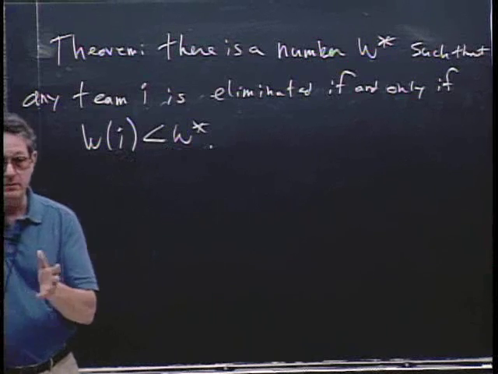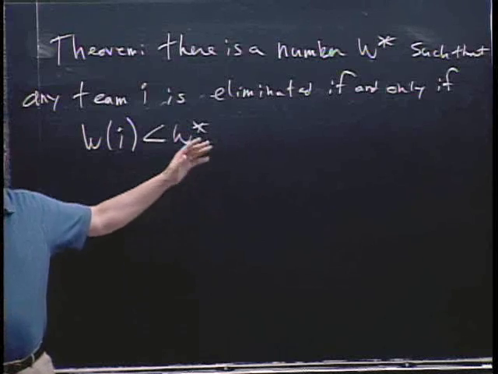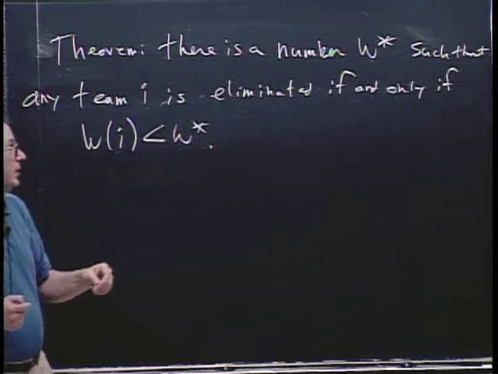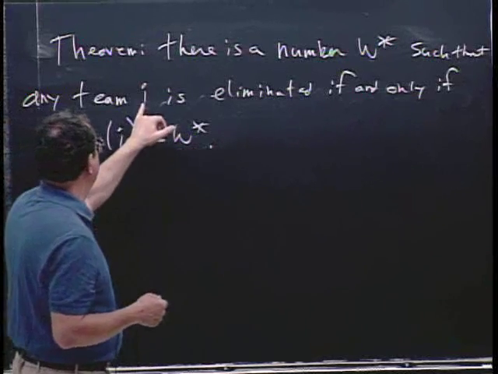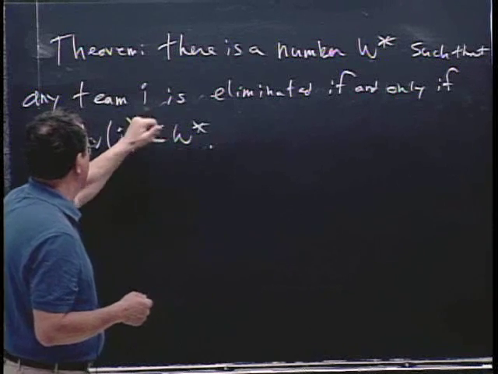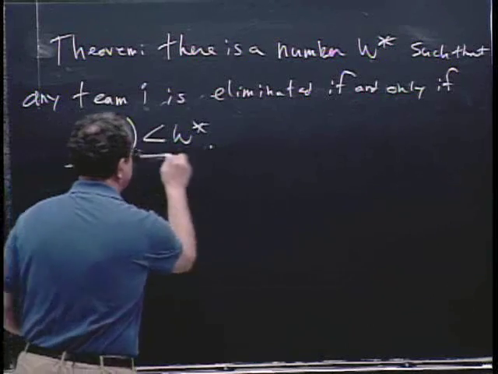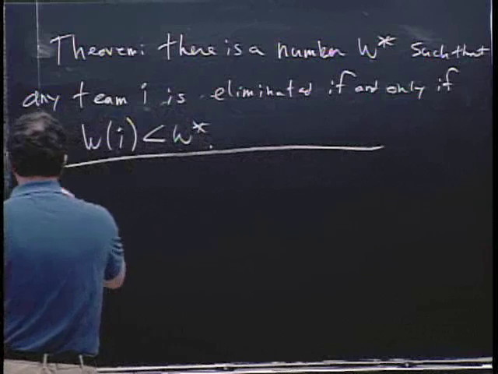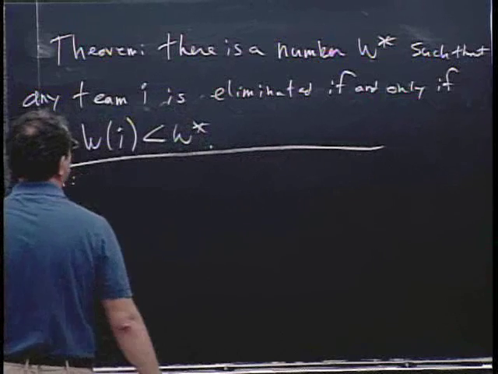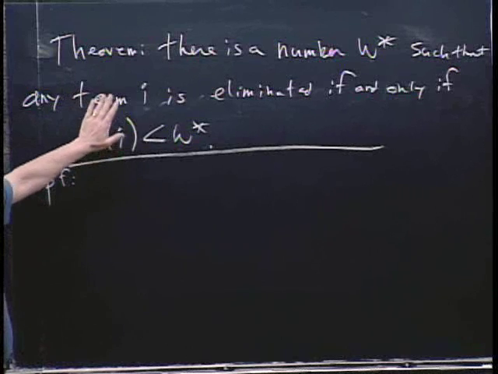So everybody clear on what this is claiming and why this was a surprising result compared to what people knew previously, where it looked like the question of elimination had to be answered for each i separately. Okay, so now I want to prove this. Okay, so this is certainly true for baseball.